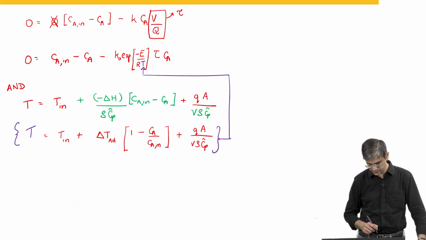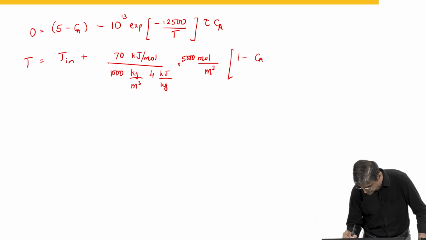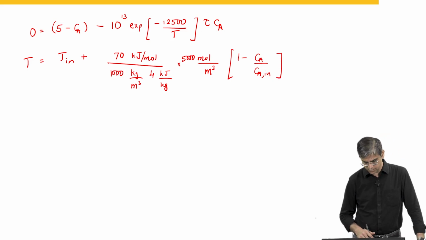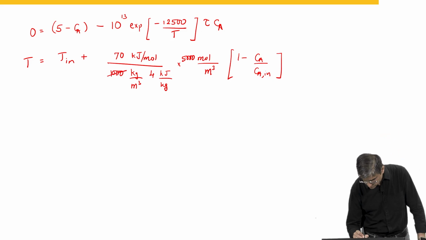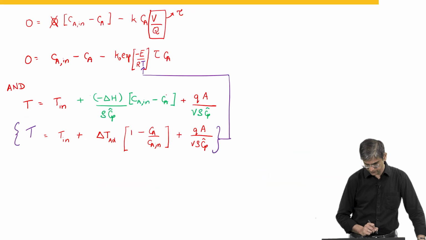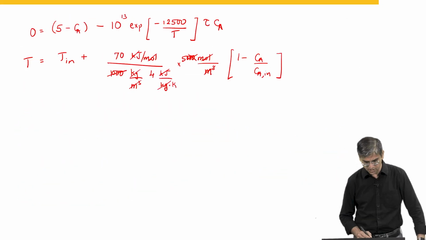Okay, and 1 minus Ca minus Ca in. Okay, so this is what you are going to get, 1000 moles, kilojoules, kg, meter cube, 5, and this Kelvin goes up.